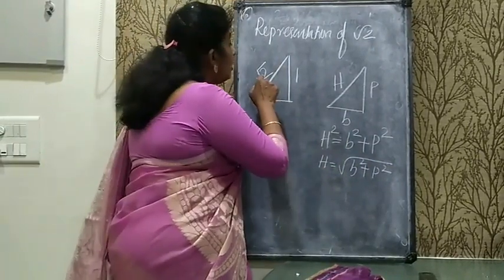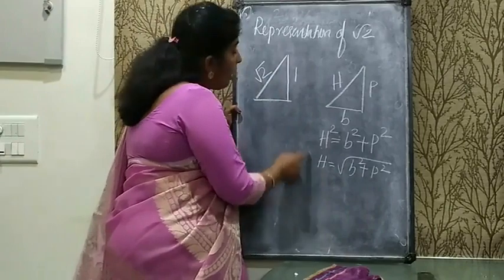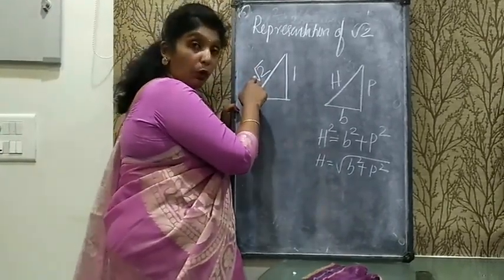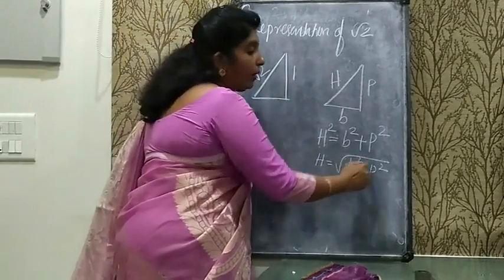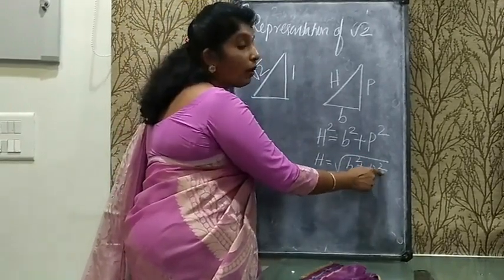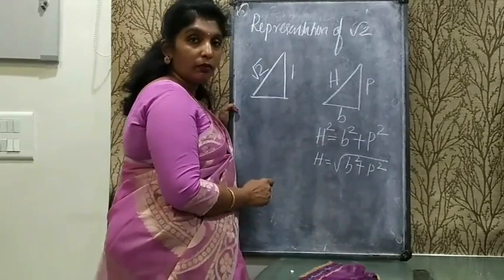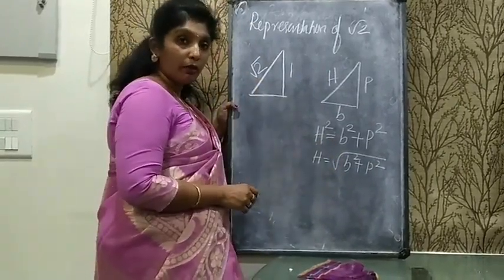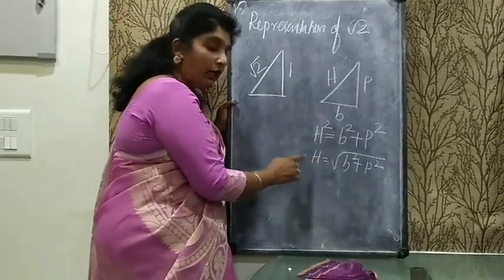So here the hypotenuse I need as root 2. If the hypotenuse I need as root 2, then the sum of base square and perpendicular square I should get as 2 under the root. That is the meaning. So here first I will fill this portion.